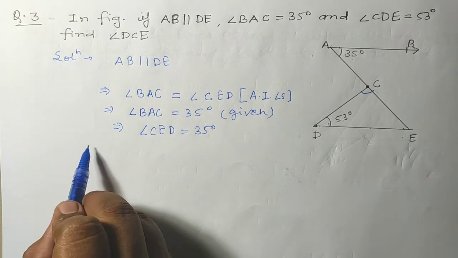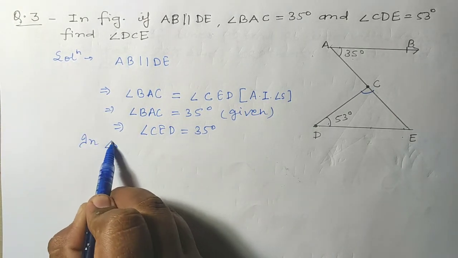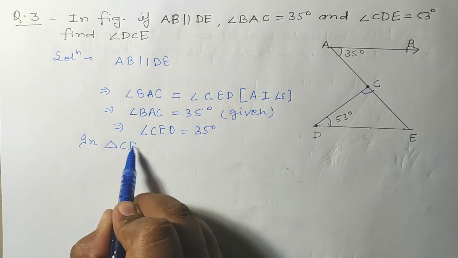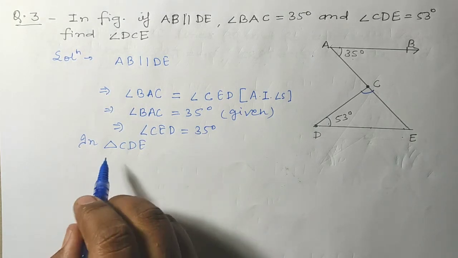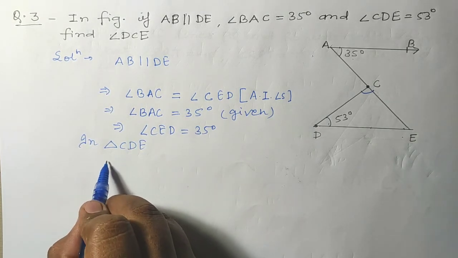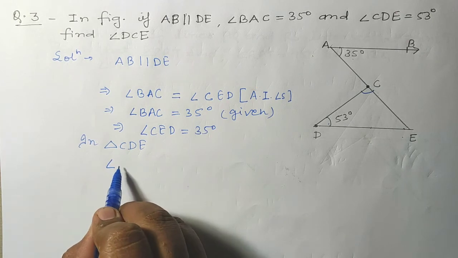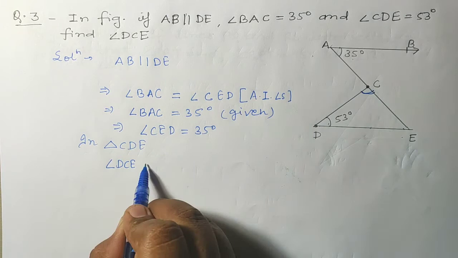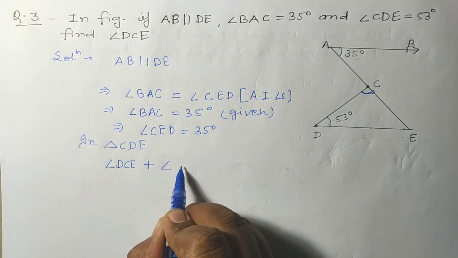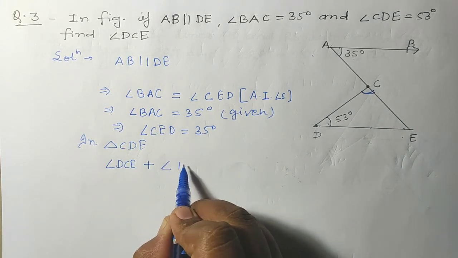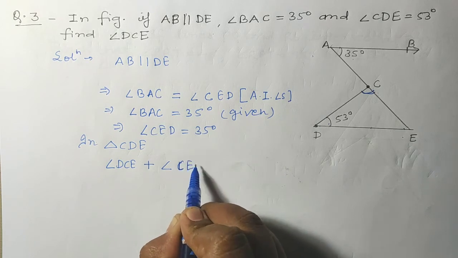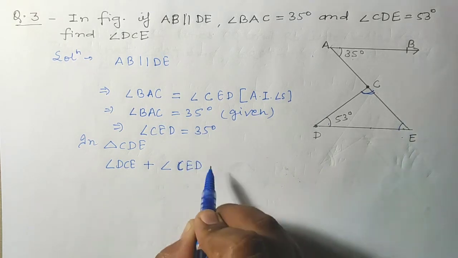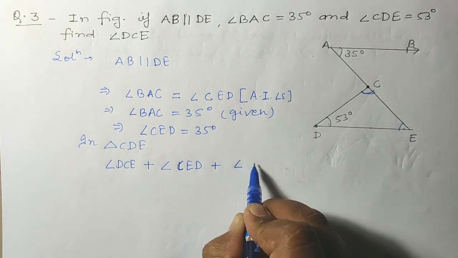Now see in triangle CDE, angle DCE, this angle, plus angle CED, this angle, plus angle CDE.